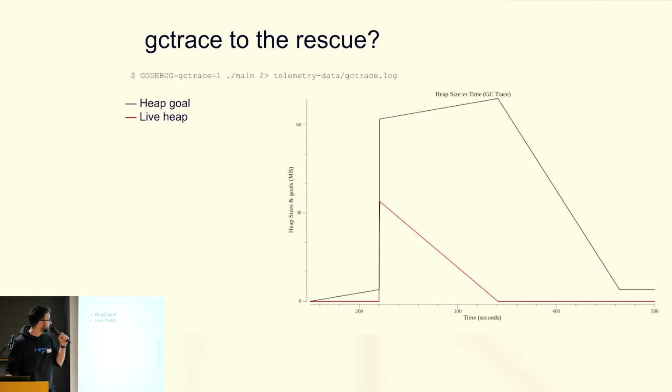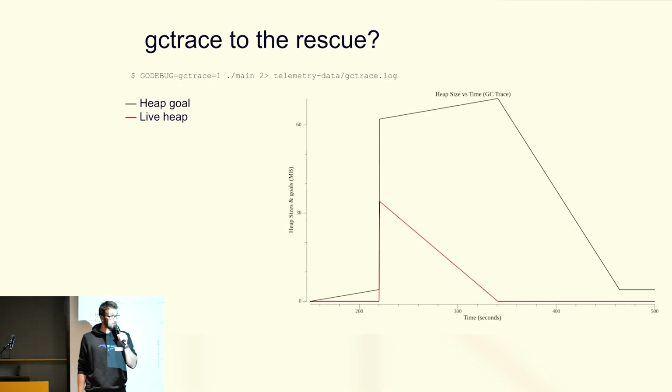And I found that there is another tool from the Go which can tell you what the garbage collector is doing. It's the GC trace. You can set it with the environment variable GODEBUG, and it will print some lines to the standard error output.